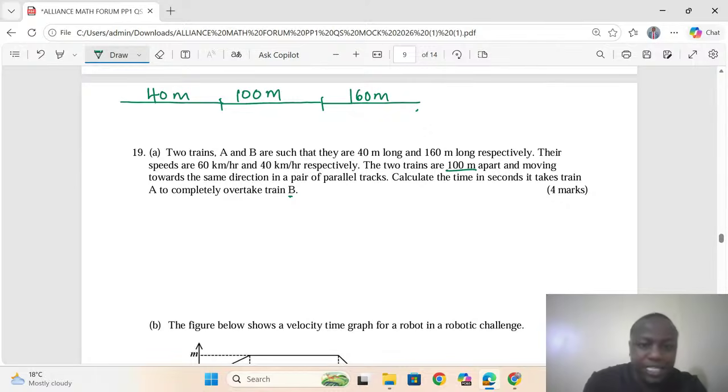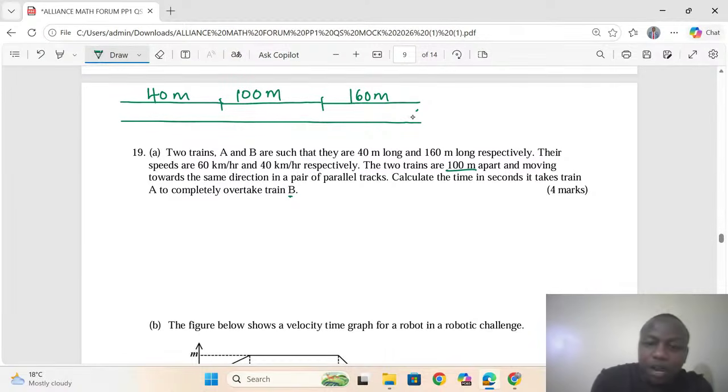So that it may completely overtake, we have to talk about the total distance it shall cover. So train A is supposed to cover all this distance: 40 plus 100, that's 140, plus 160, we get 300 meters. So there's a distance of 300 meters that is supposed to be covered by train A to completely overtake.